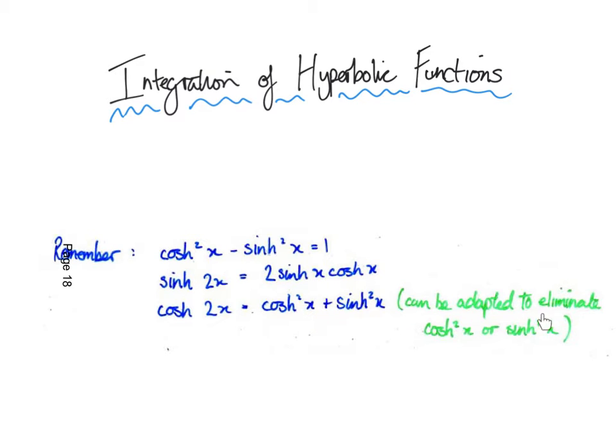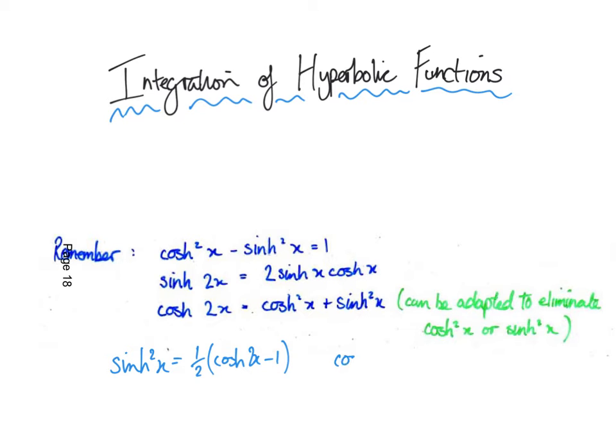And like I said here, we can adapt both the first and the third ones, mixed in to eliminate cos squared or sine squared. And so when we do that, if we want to find out what sine squared x is, then in terms of cos 2x, it's going to end up as a half of cos 2x minus 1.